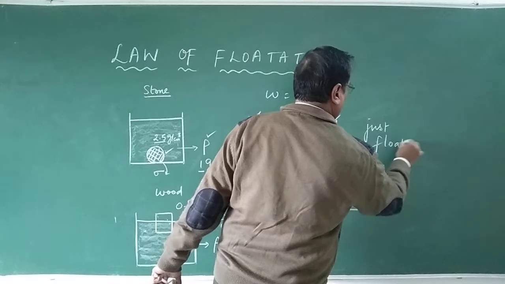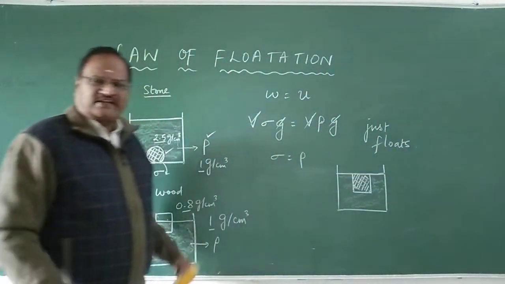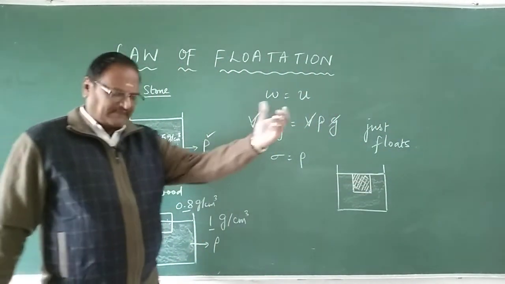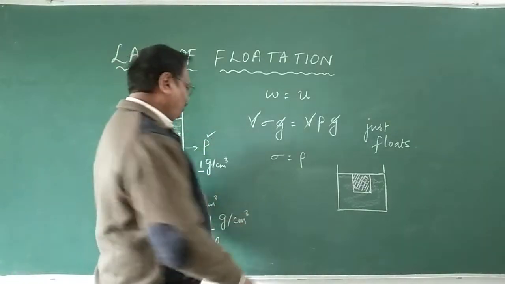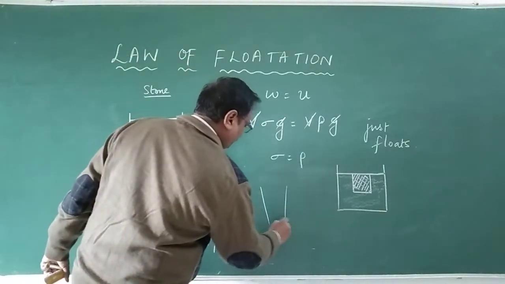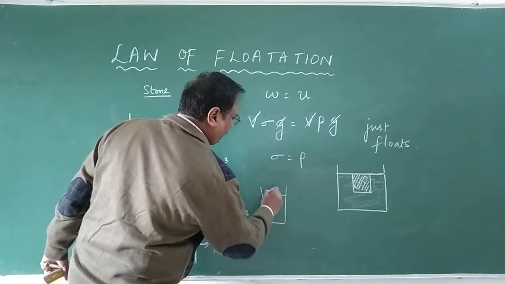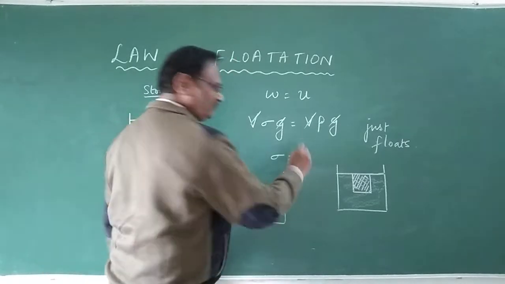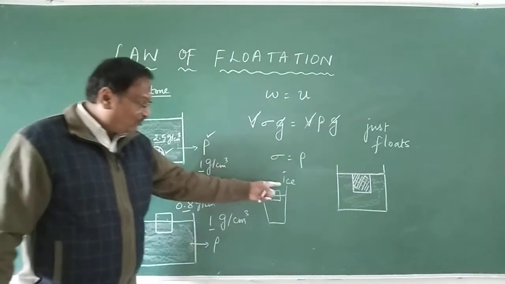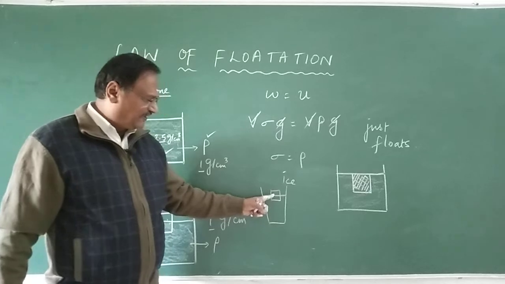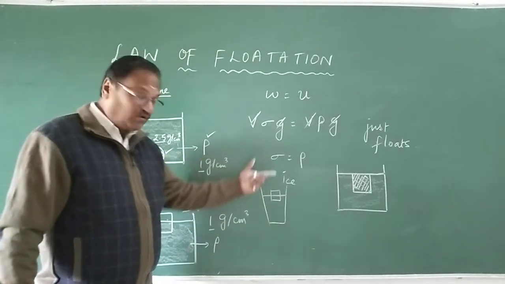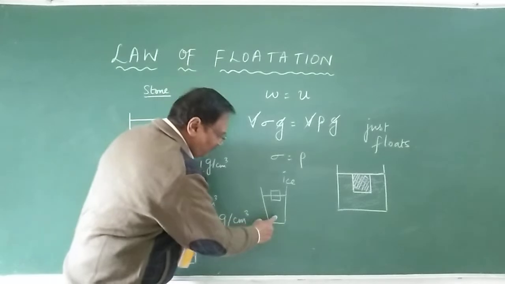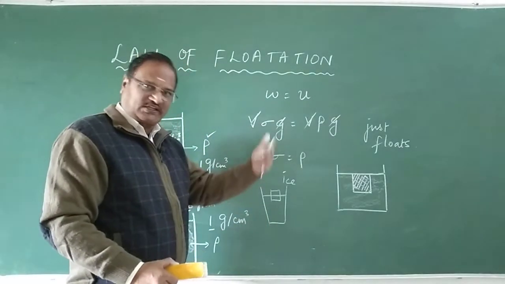This is called just floating or just floats. For example, in the summer season, you have a glass of cool drink and you put a piece of ice. Ice will float. Why? Because the density of ice is less than water. And if it is more, then it will go down. That's a different case, that's stone or some other thing.